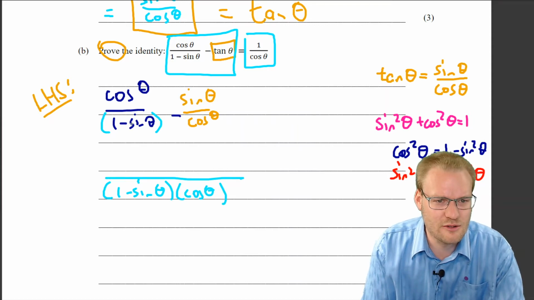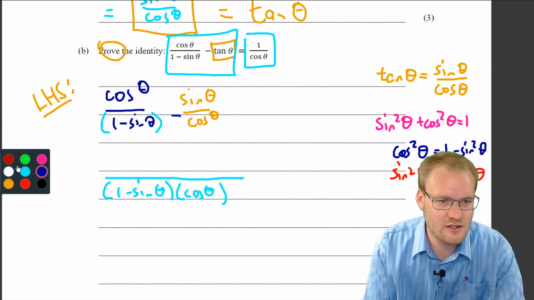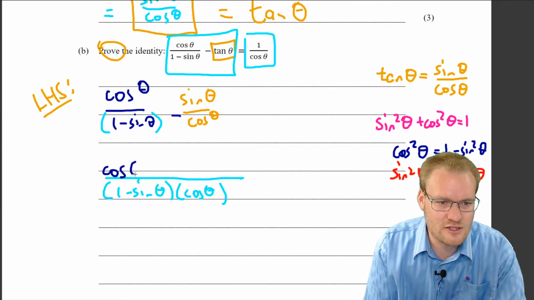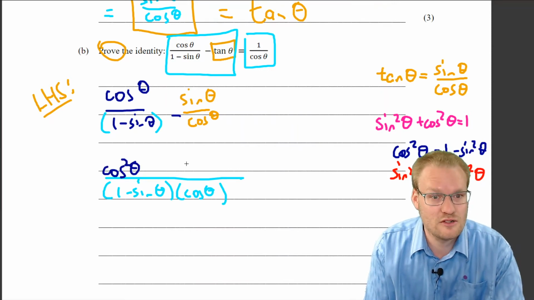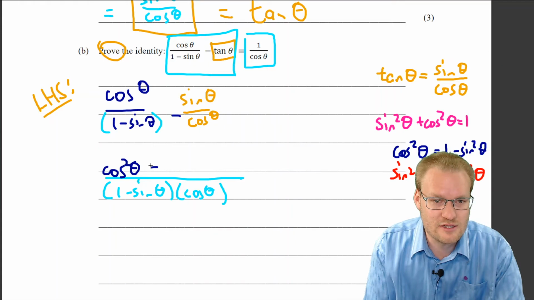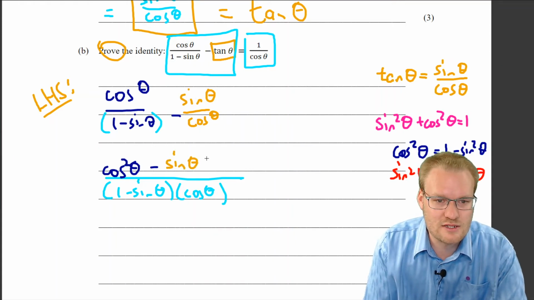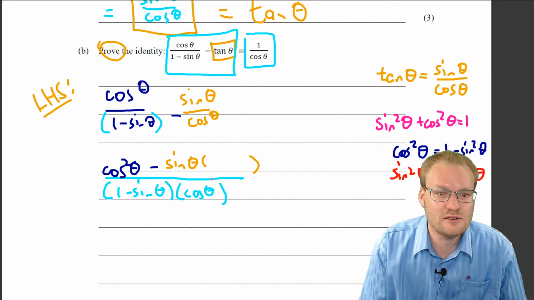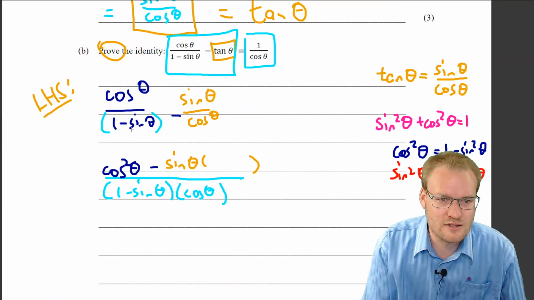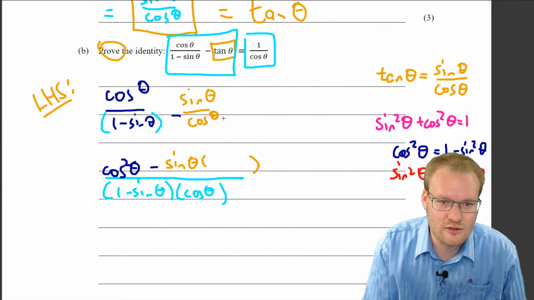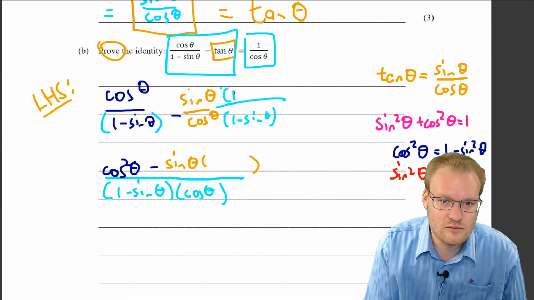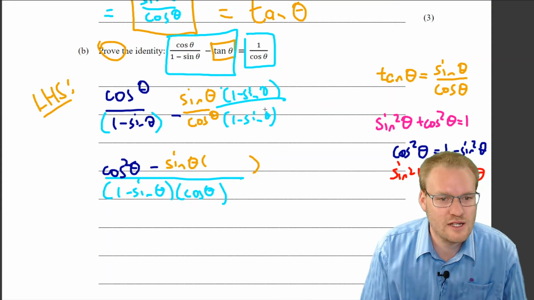Okay, what do we still need to multiply this by? By cos theta. So this is going to be cos theta times cos theta, cos squared theta, minus, and for this sine theta, what do we still need to multiply it by? Still by 1 minus sine theta, because we need to multiply the bottom by 1 minus sine theta, so we do it to the top so that it remains the same.